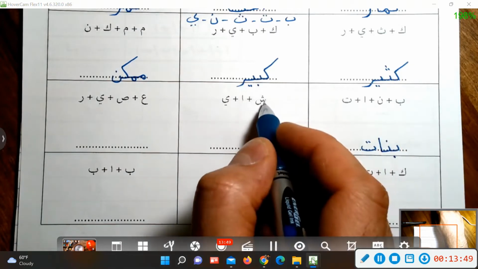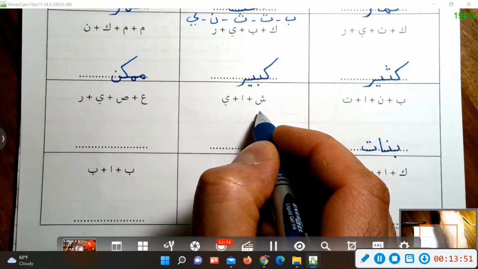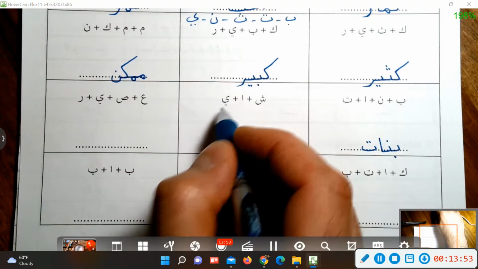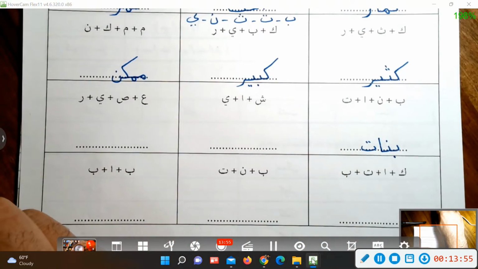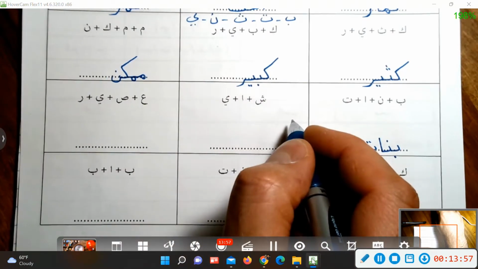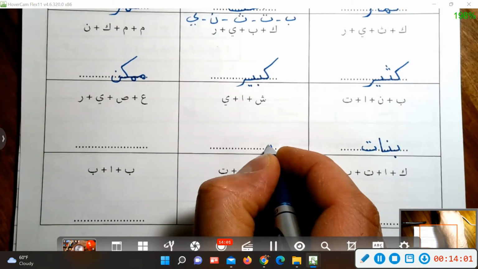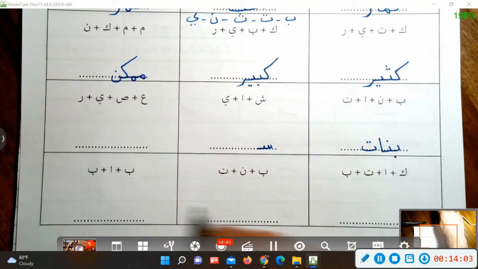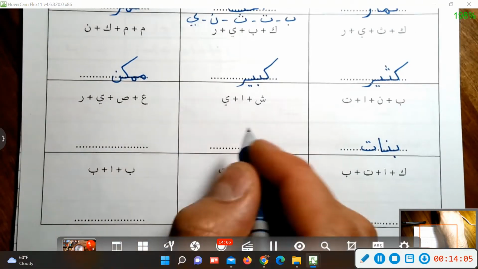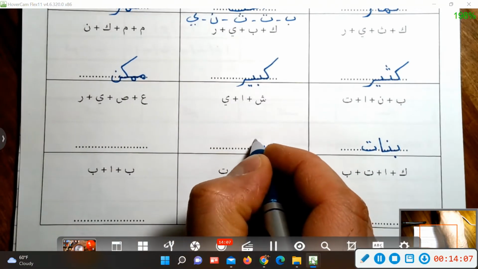Next, we have sheen, we have alif mad, and we have ya. Now the sheen, as every other letter, we only keep the head, 3 teeth, alif connected to it.